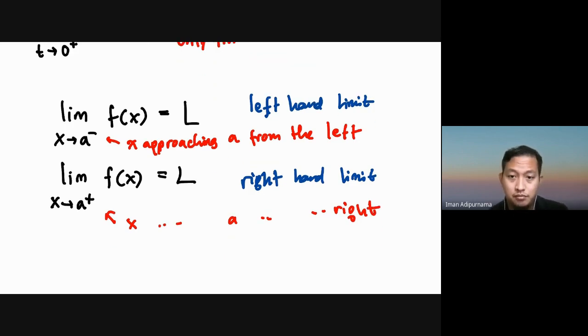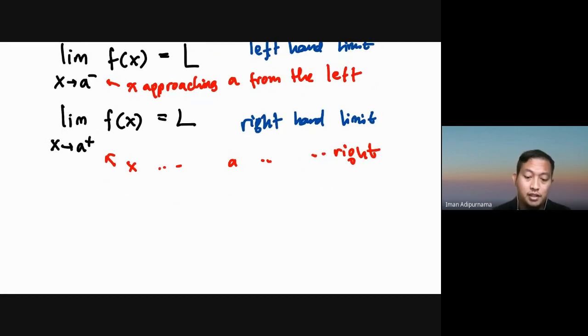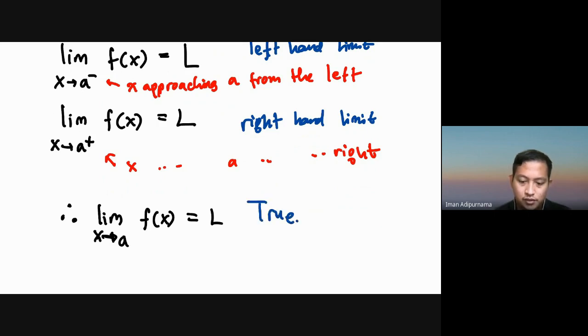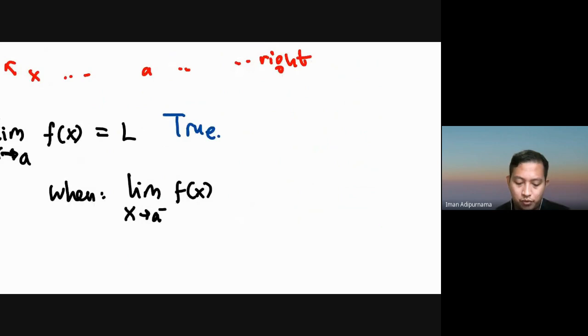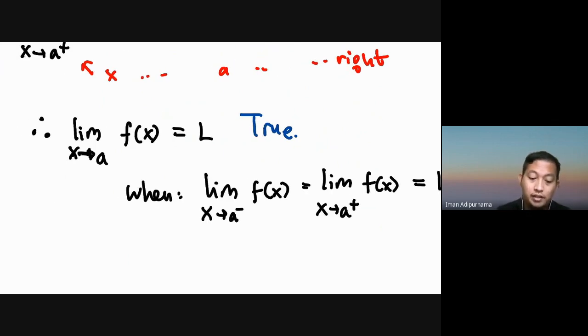I think it's easy to comprehend, right? To understand, and then by the conclusion, the limit as x approaches a is true when, writing again what we were doing before, the left hand limit is the same as the right hand limit, which is L, and that's why the limit exists.